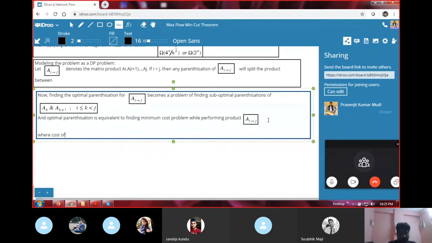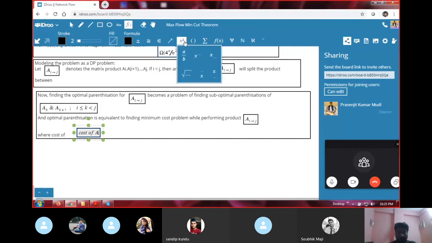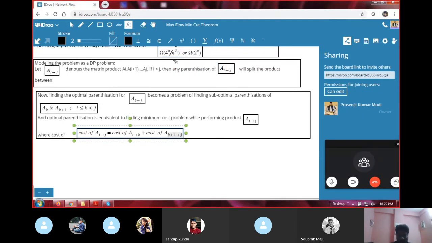The cost of A_i..j is equal to the cost of A_i..k plus the cost of A_k+1..j.